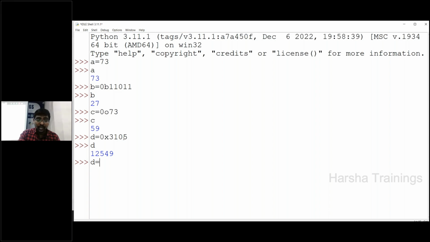For example, D is equal to 0x3A5. Instead of 10, if I give A, observe the change. Your answer is 933, but it is modified to approximately 12,000. Now you got the idea? Only 0 to 9. If you want to represent 10, use the letter A.